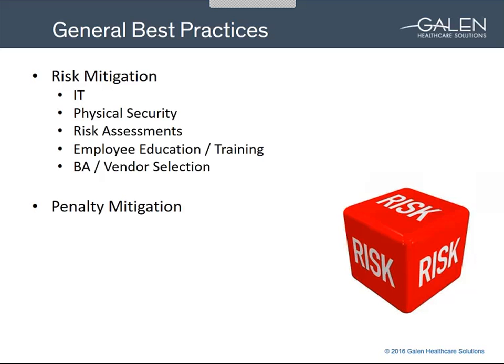Doing risk assessments is important, and this is one that's very often missed. The way I know it's very often missed is by looking at the notes for the OCR findings when they audit organizations or investigate breaches that have been reported.